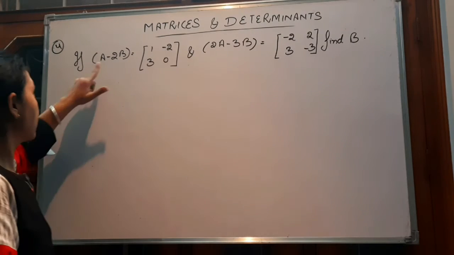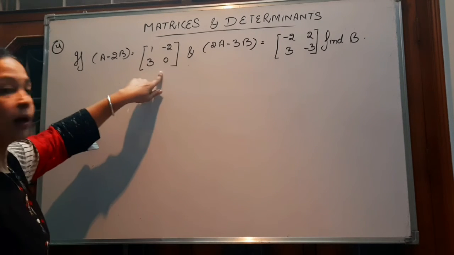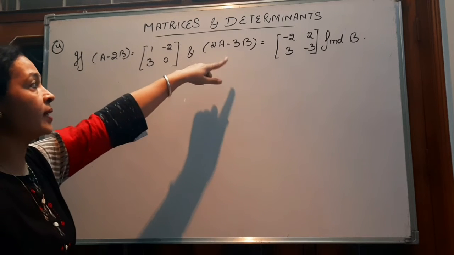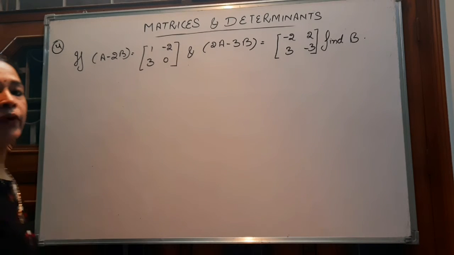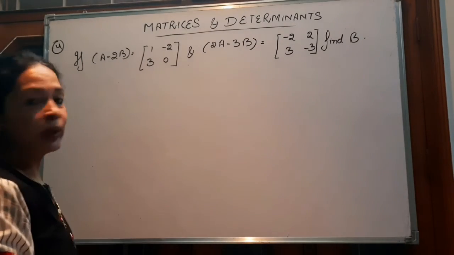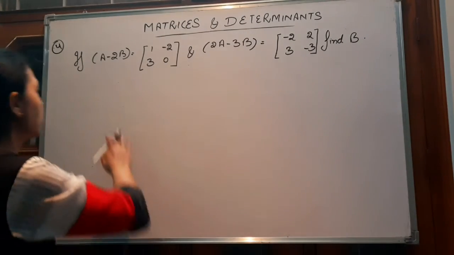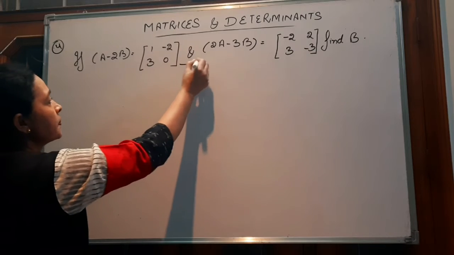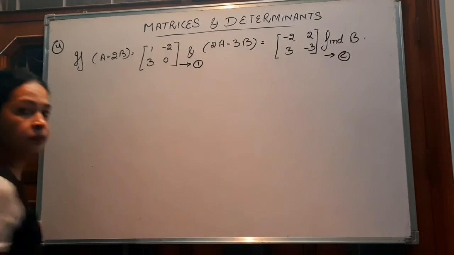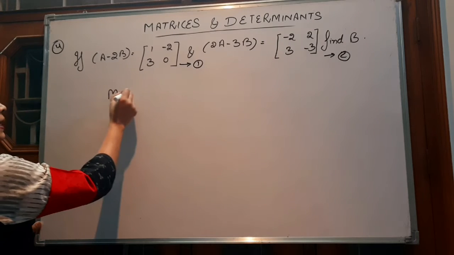Next one is, if A minus 2B, a matrix, is given, and another one is 2A minus 3B, we have to find the matrix B. For B, we have to eliminate A. Now, what will we do? Take it as first and this one as second.